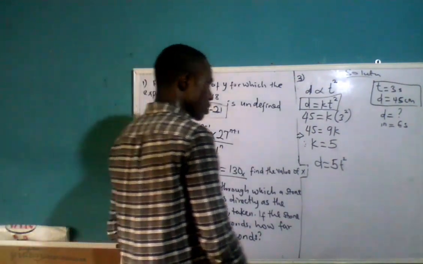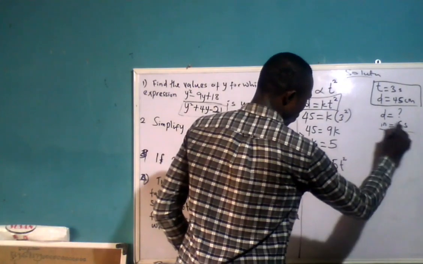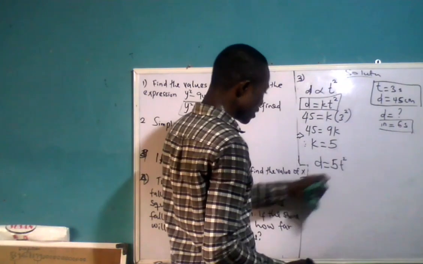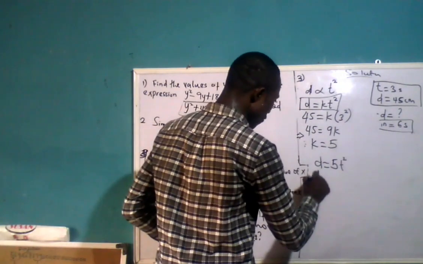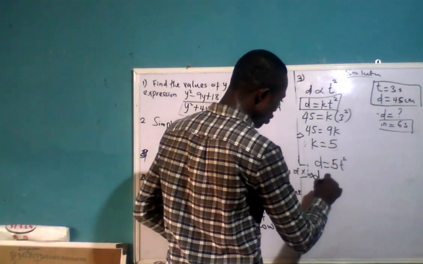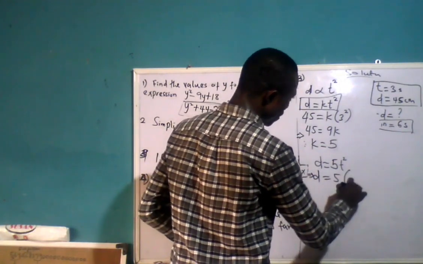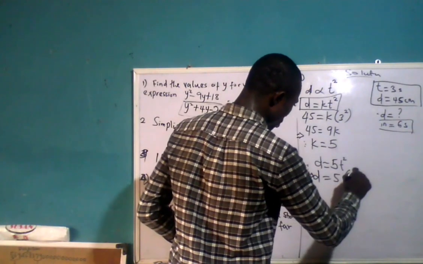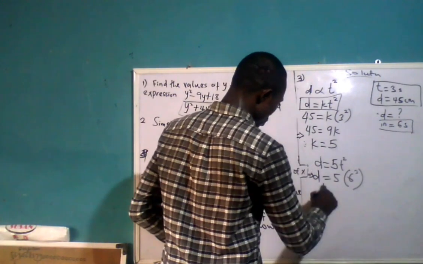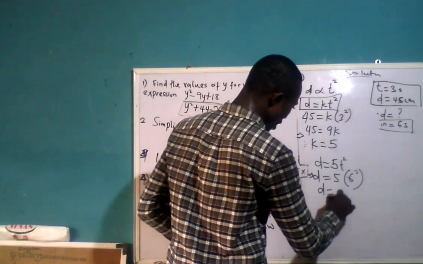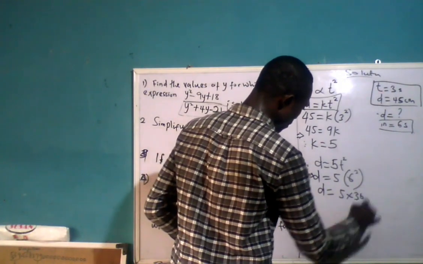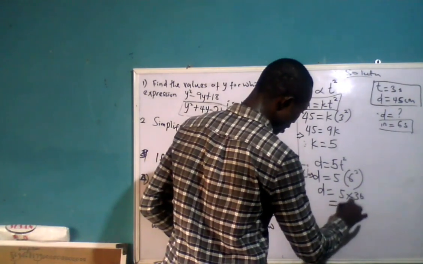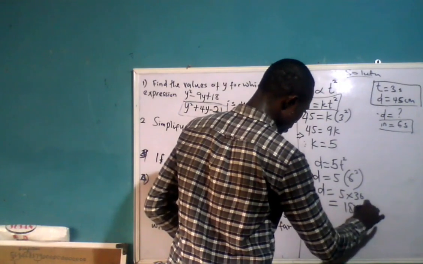Now, insert this into this. Then you find D. So therefore, it implies that D is equal to 5. Then t has been given to us to be 6 seconds. So t, that will be 6 squared. So D equal to 5 times 36. And that will give you 180 centimeters.